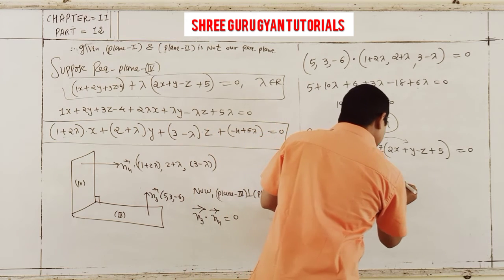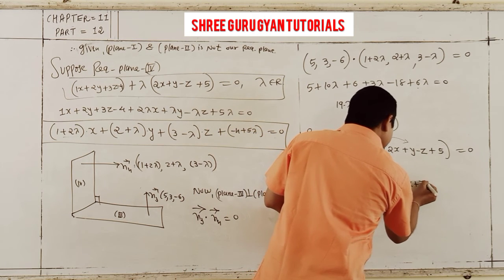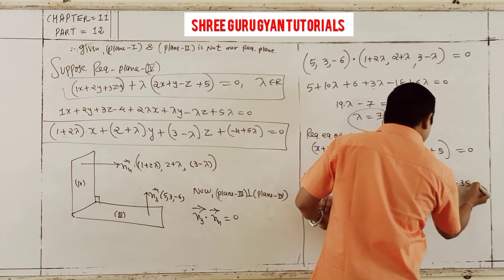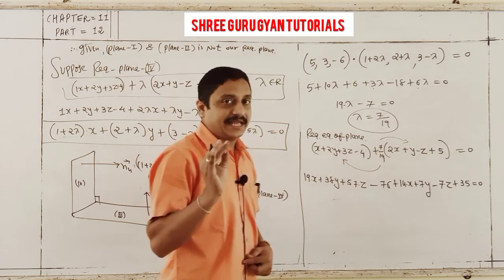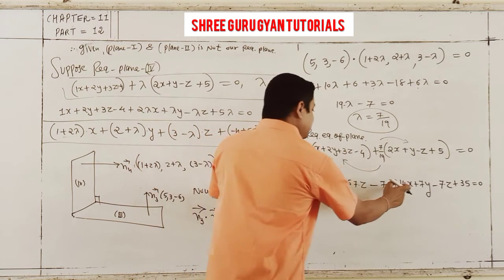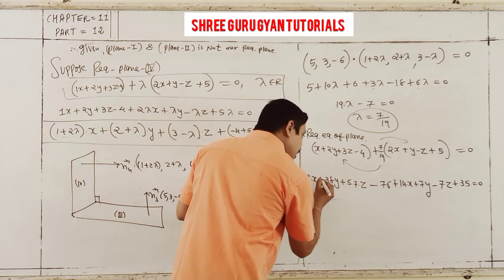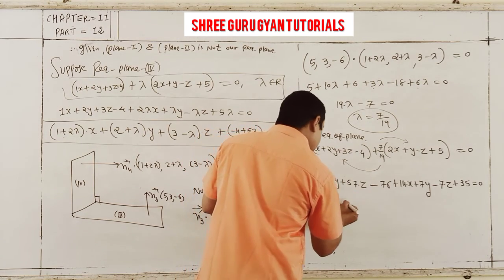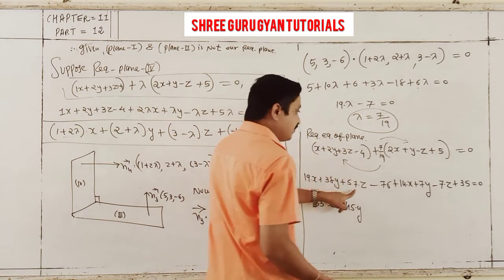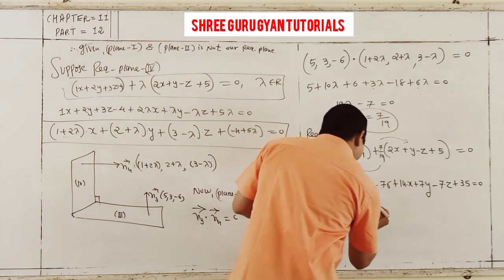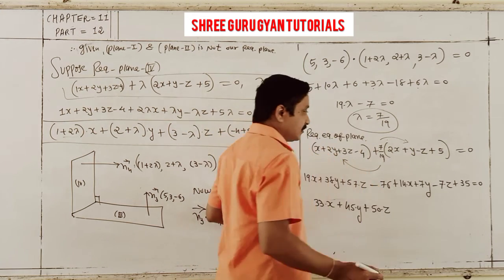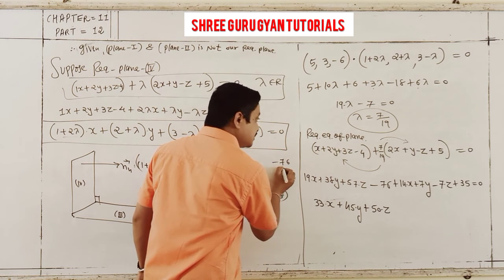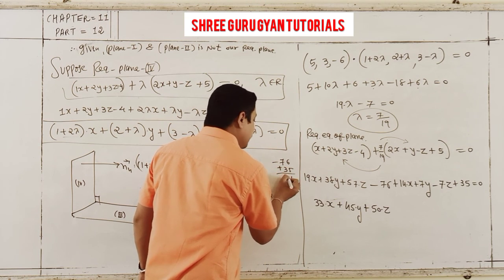This side 7 2s are 14x, 7y, 7z, and 7 5s are 35. Now cover to like term additions: 19 and 14, 33x, 38y and 7y, 45y, 57z minus 7z, 50z, and minus 76 plus 35, it is minus 41.